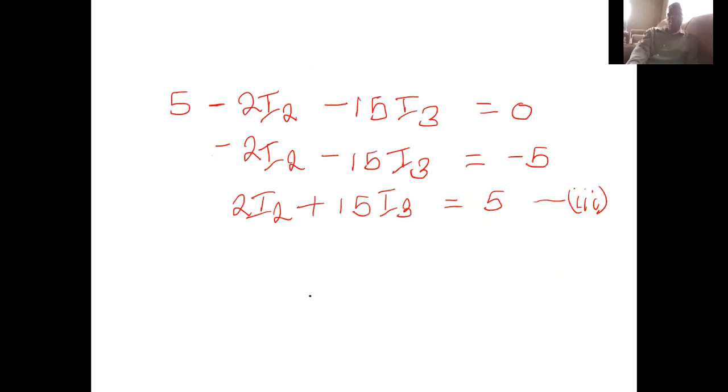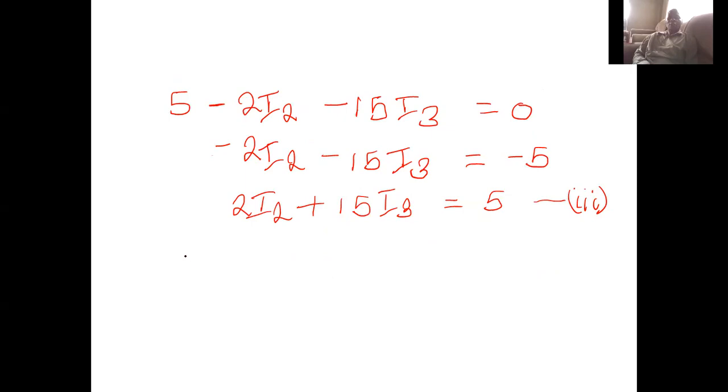The third one is current 2 multiplied by 2 plus 15 multiplied by current 3 is equal to 5. So we have these three equations. So our physics finished here. All we are now applying is mathematics to solve these three equations.